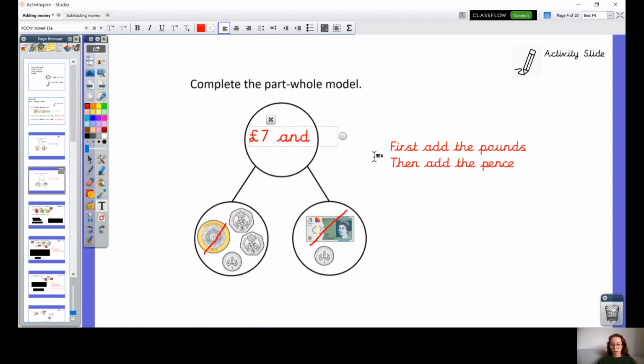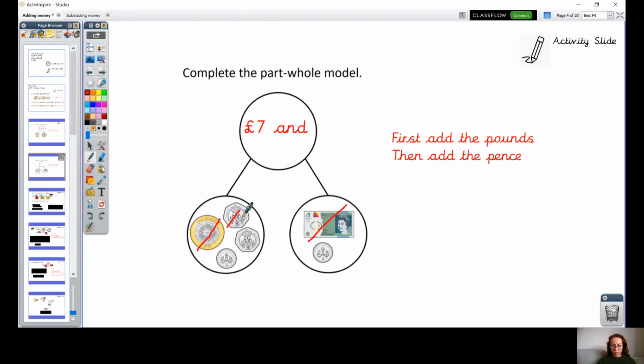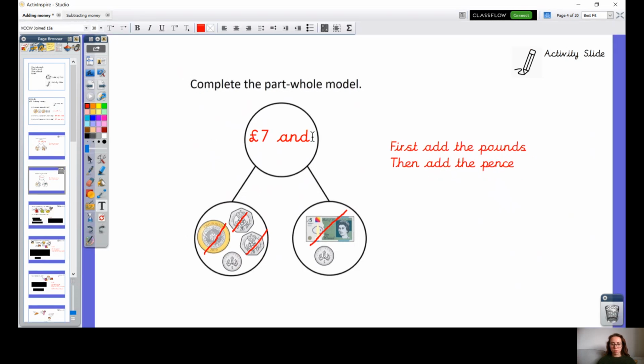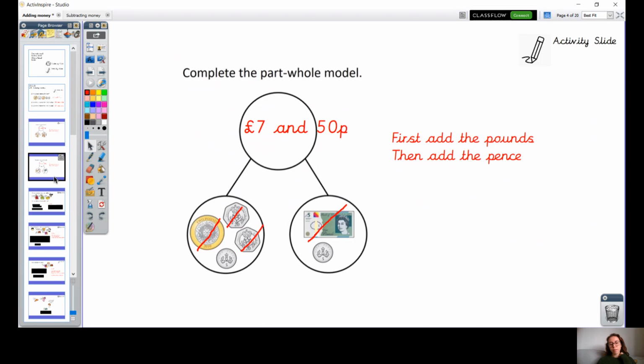So, and then add the pence. So I've got 20 and 20, that's 40, and 2 other 5s, that makes 10. So I've got 40, I've got 50p. Tick it if you got it right. If you got it wrong, have a think about what went wrong on yours. That's okay.